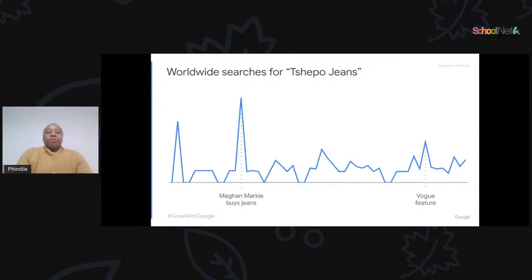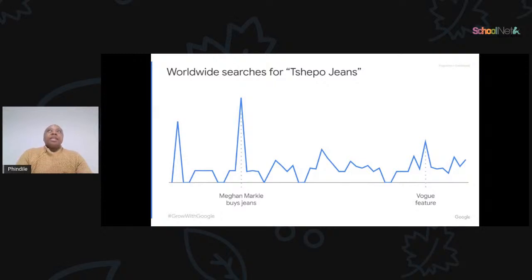The graph below is taken from Google Trends and shows the associated spikes that were seen when Meghan Markle bought a pair of jeans, and when Vogue featured Tsepo jeans in their online feature as well.